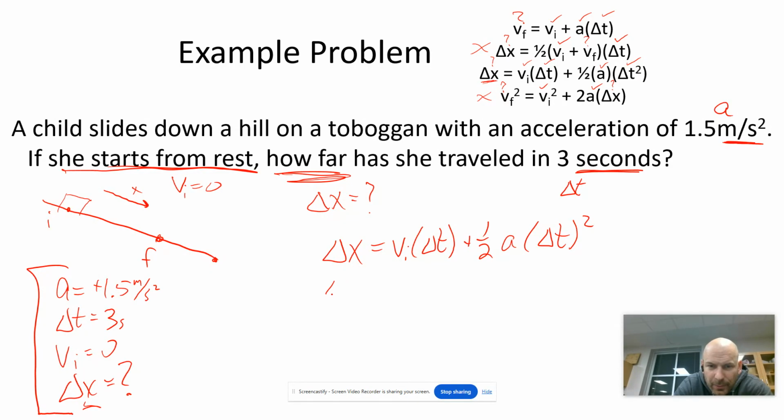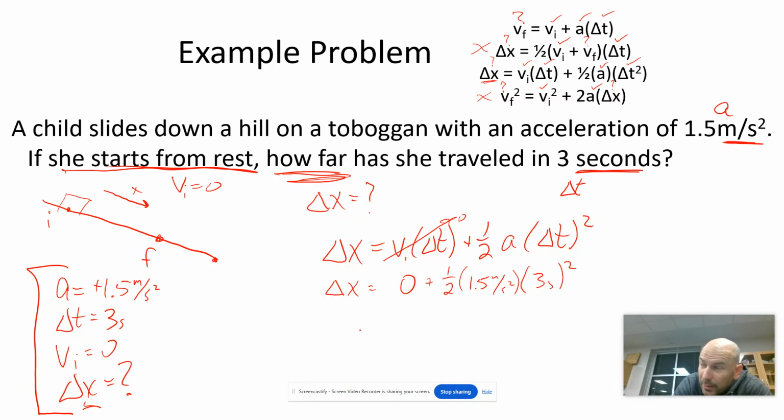All right, so I'm looking for displacement. My initial velocity is 0, so that knocks that whole expression out to 0. I've got 1/2 times 1.5 meters per second squared times 3 seconds squared.